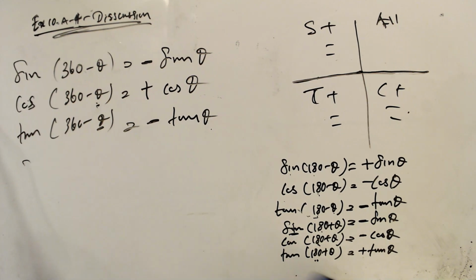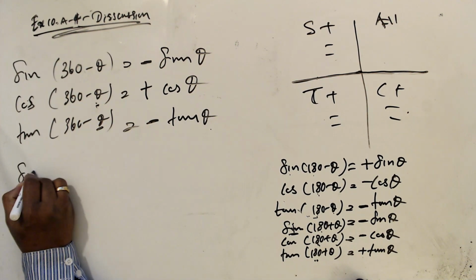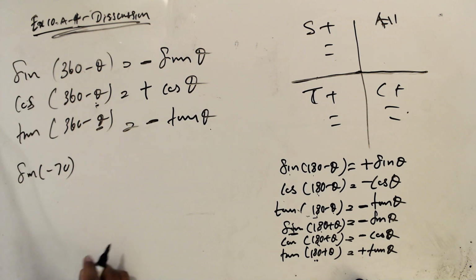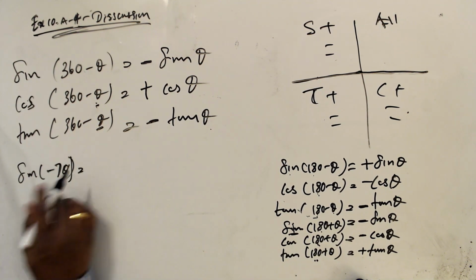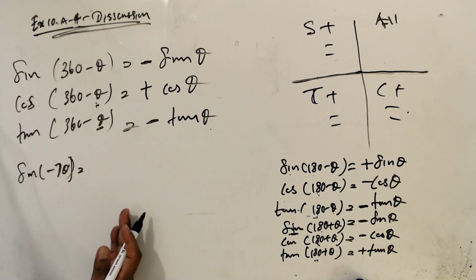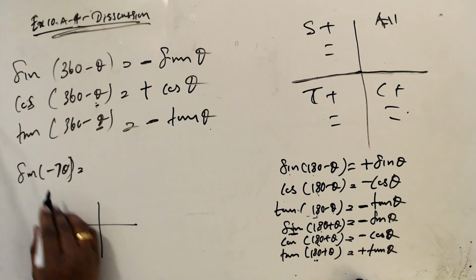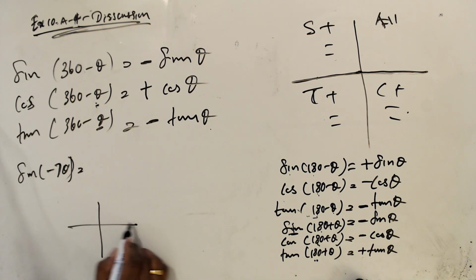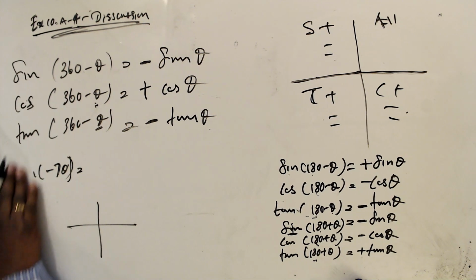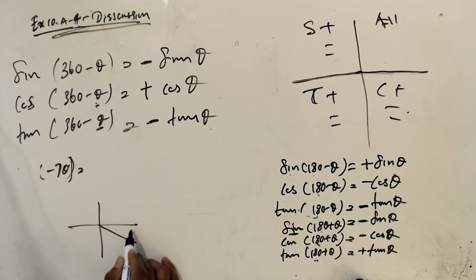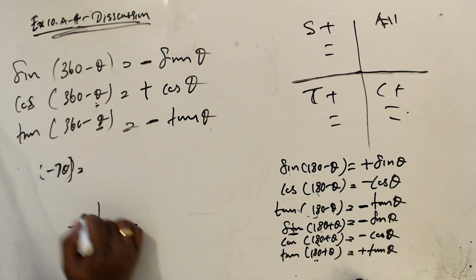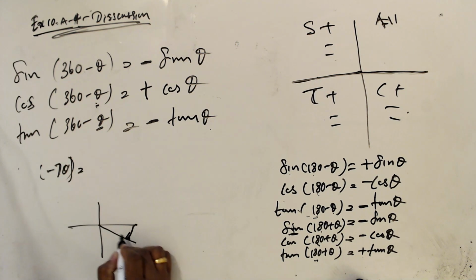I want to find sine minus 70. Now it's a bit challenging, right? First of all, I will write this in terms of a positive angle. So sine minus 70, what does it mean? It's a minus angle. Forget about sine first. Minus 70 is located here. You are measuring anti-clockwise; this is 70 and this is minus 70.